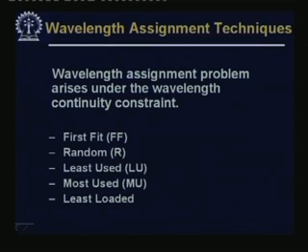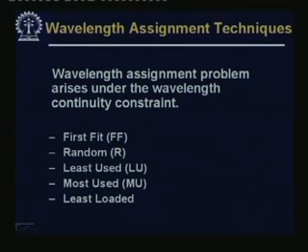It may be random. You may want to distribute your load all over, so you may use a random one. People have used least used, that means the lambda which is most free is the one picked up, when you try one by one all the lambdas that can fit this particular route.